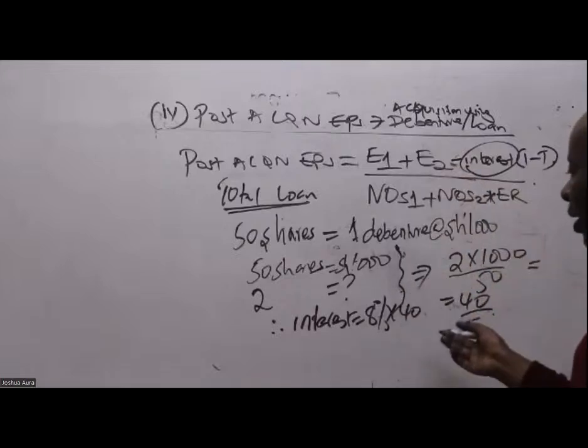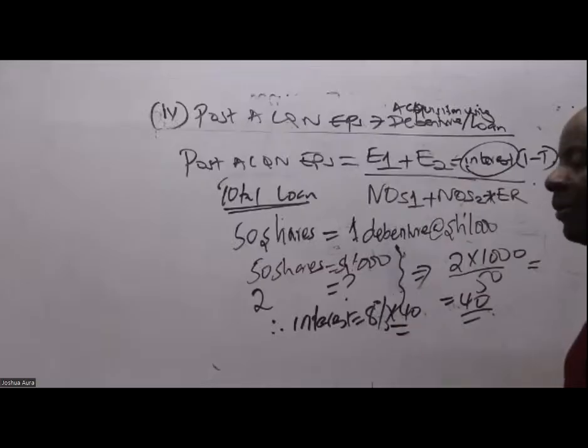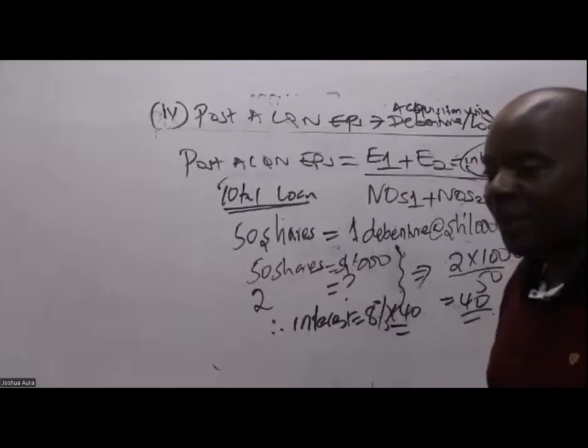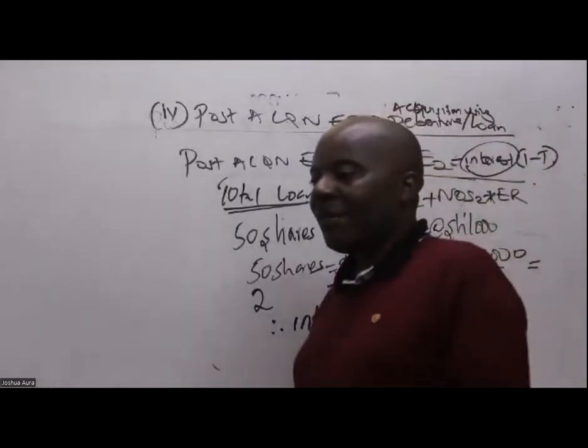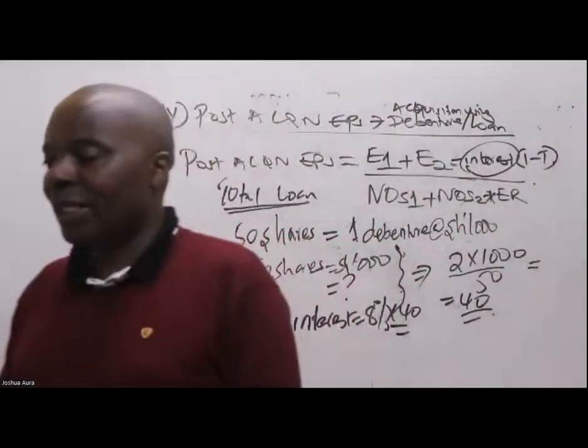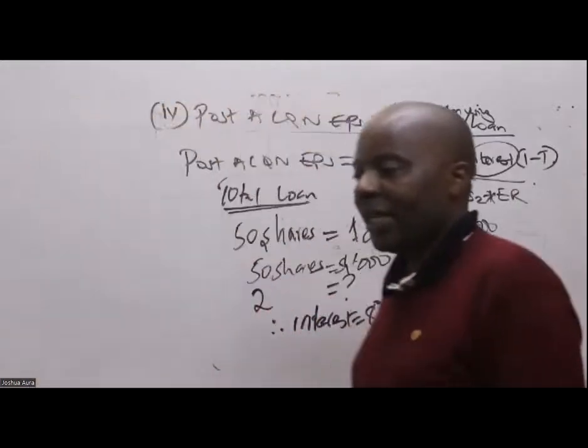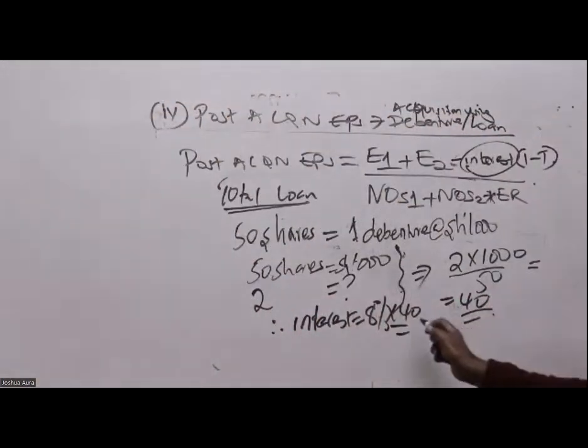So it is 8% of 40, which will give me 3.2. So that is the interest payable.